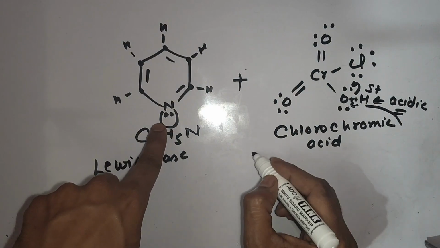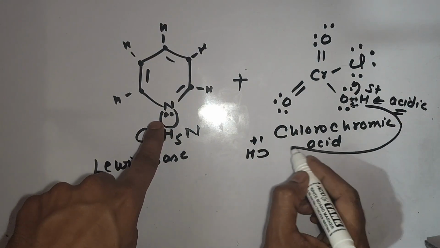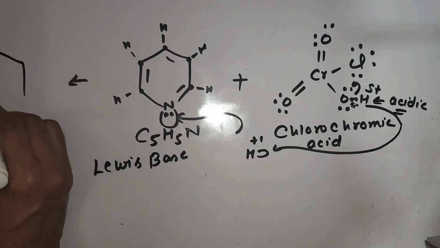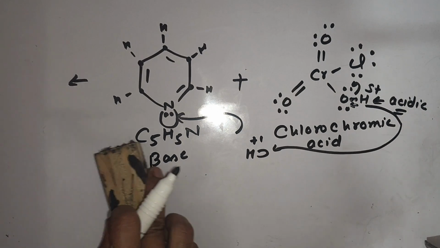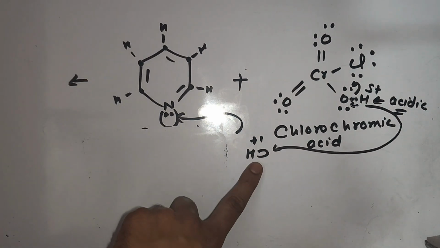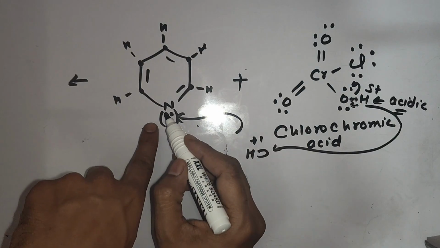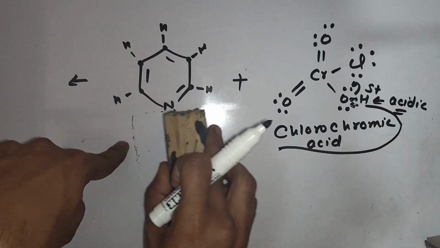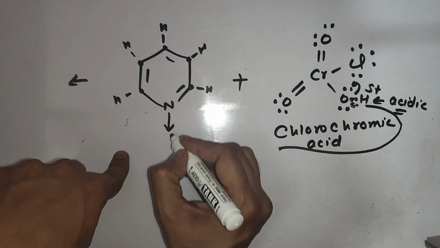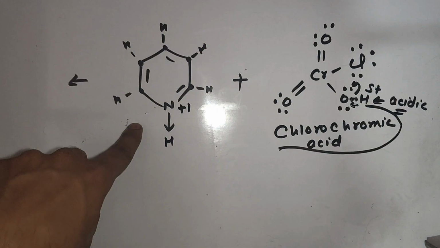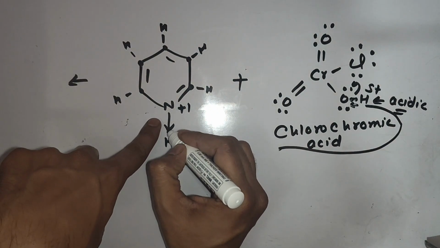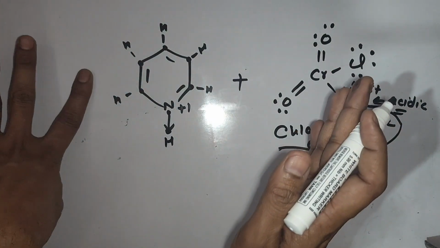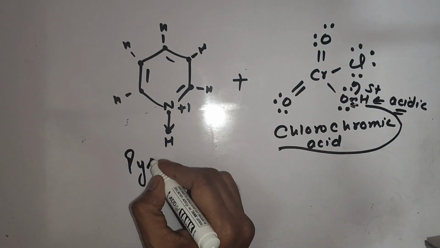H positive will release out with a vacant orbital, and that will combine with nitrogen. Due to which, directly here I am writing, this vacant orbital and this lone pair, a dative bond will generate. Out of 2 electrons, 1 electron of nitrogen will shift toward hydrogen. That's why this nitrogen will have positive charge on it. Dative bond will generate. Out of 2 electrons, 1 electron it is shifting toward hydrogen, 1 it is keeping with itself. This positively charged cation will generate, which we call pyridinium ion.